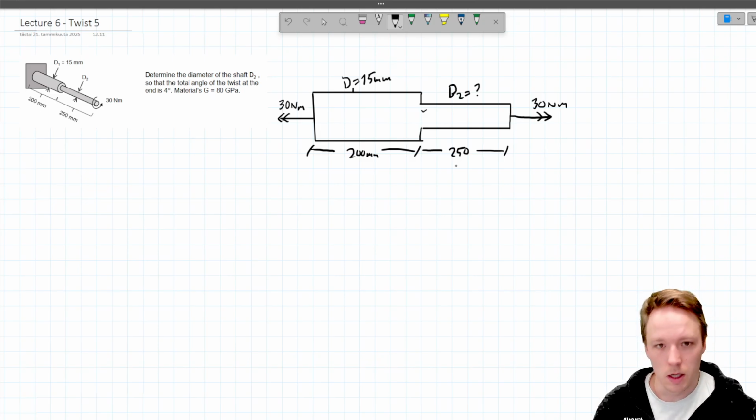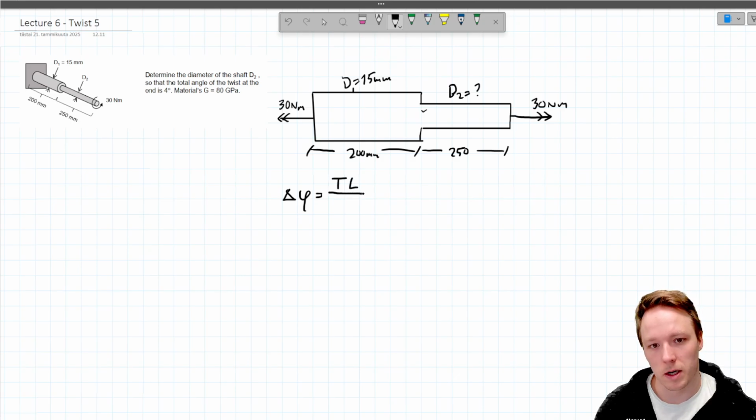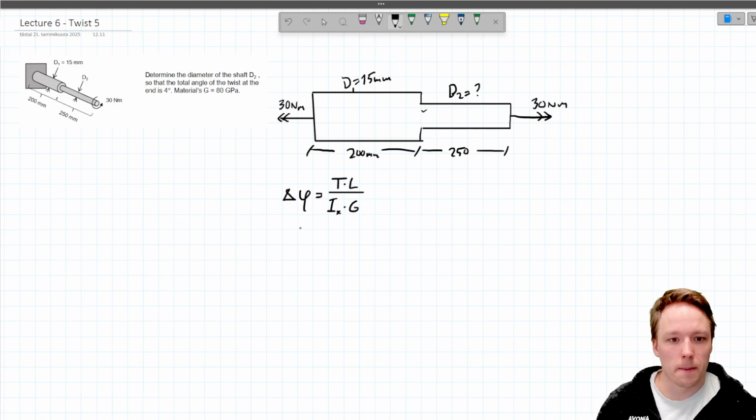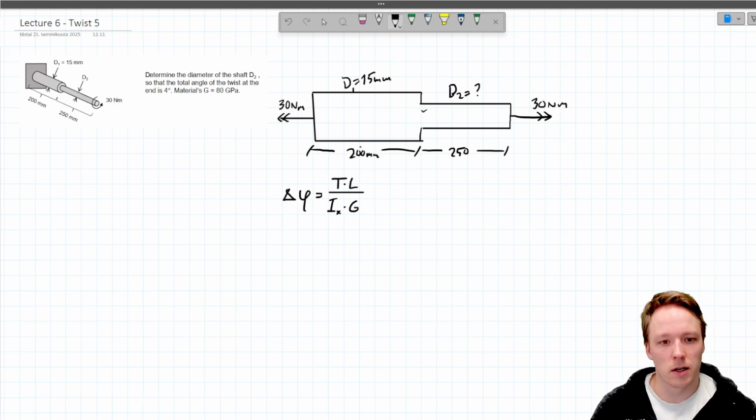Right. So we're going to use again the formula for change of the angle, which is torque multiplied by length divided by second moment of inertia multiplied by shear modulus. Now we have two different diameters of rods, which means that we have to calculate the change of the angle for both of those separately, since the second moment of inertia is different with different diameters.